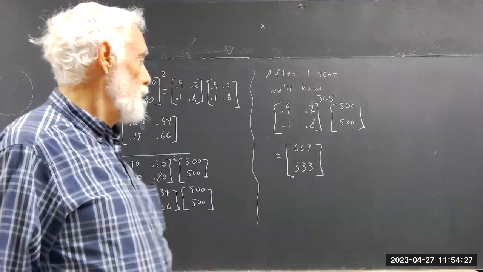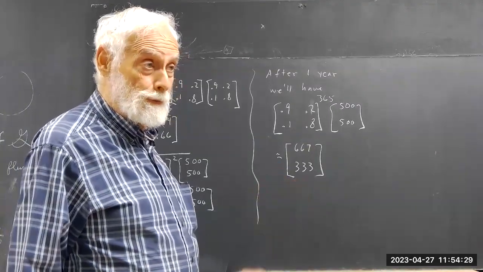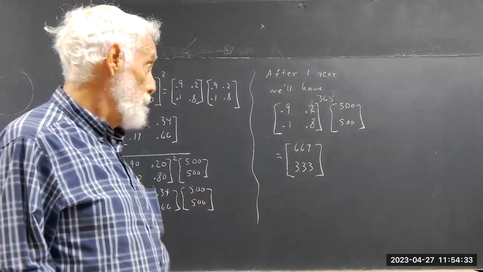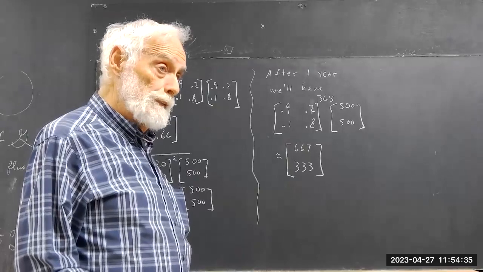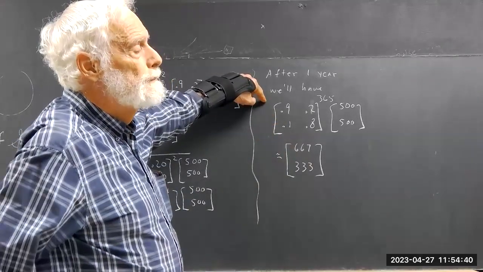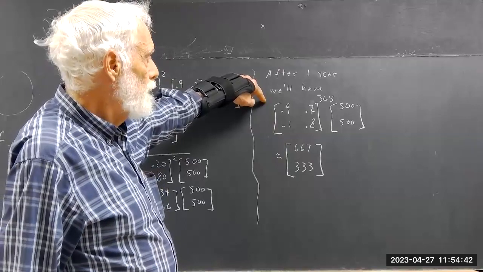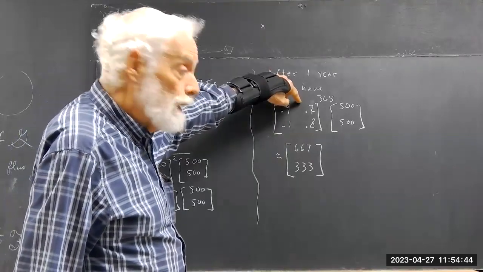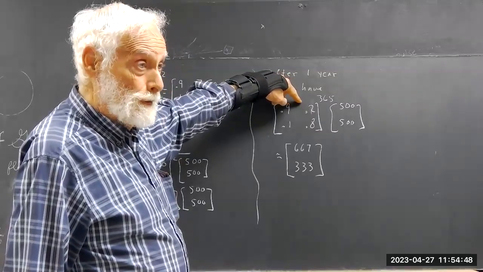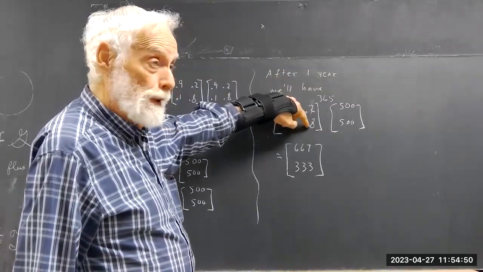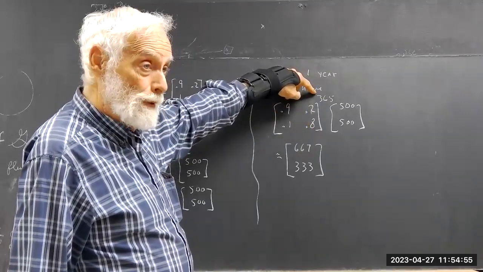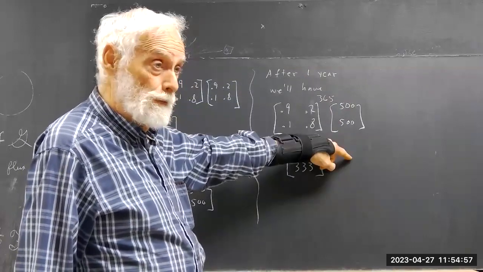Now there's algebra to do to figure out why it's going to equal this, but we're not going to get into that. My point is, we can use a calculator in a minute or less. We know how to use it. We can enter these numbers in a matrix, take that matrix to its 365th power and multiply it by 500, 500.